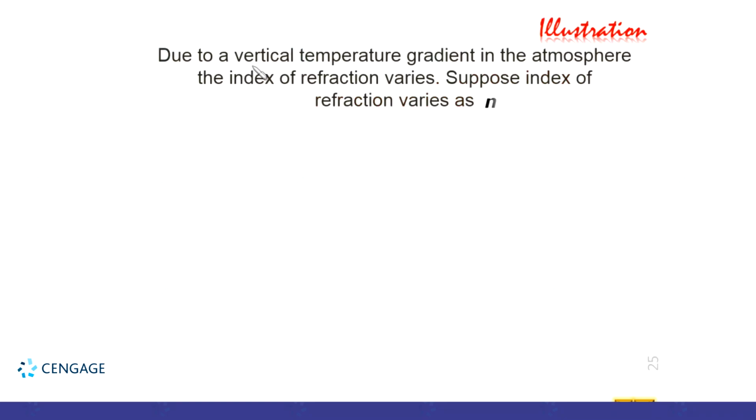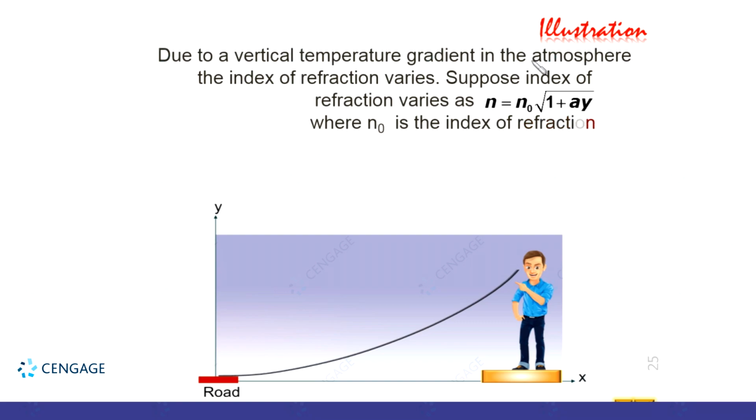In this illustration, due to the vertical temperature gradient in atmosphere, the index of refraction varies. Suppose the index of refraction varies as n equal to n naught under root 1 plus ay. Here n naught is the refractive index at the surface, that is y equal to 0, that is road level, and we are given the constant a equal to 2 into 10 to the power minus 6 per meter.